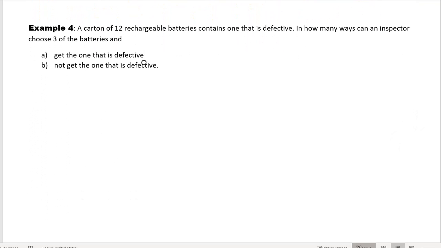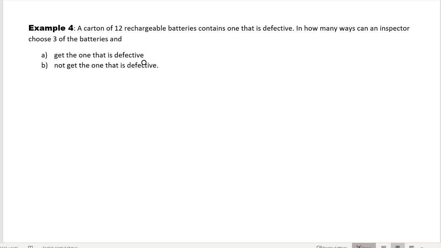Okay, example 4. A carton of 12 rechargeable batteries contains one that is defective. In how many ways can an inspector choose 3 of the batteries and get one that is defective?